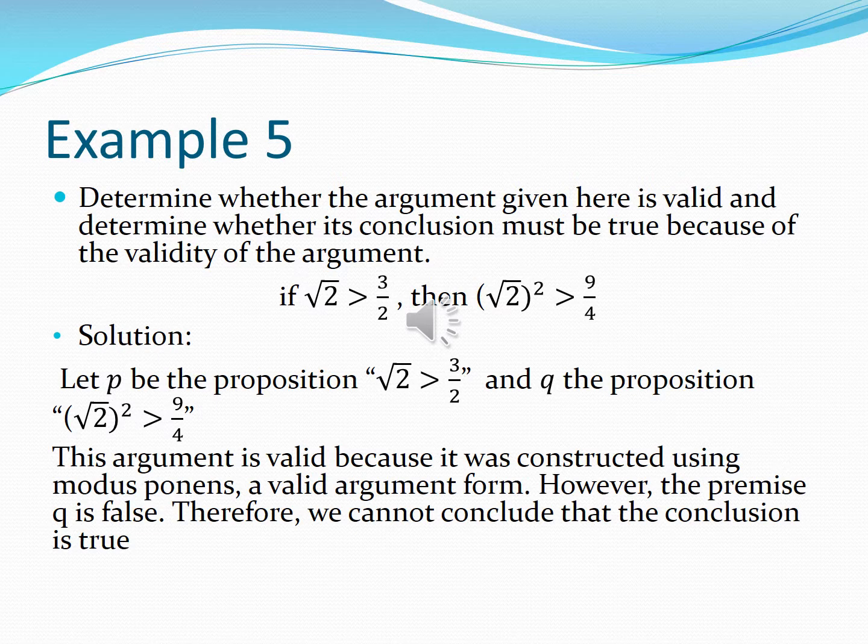Let P be the proposition square root of 2 is greater than 3 over 2, and Q the proposition square root of 2 squared is greater than 9 over 4. This argument is valid because it was constructed using modus ponens, a valid argument form. However, the premise here is false. Therefore, we cannot conclude that the conclusion is true.